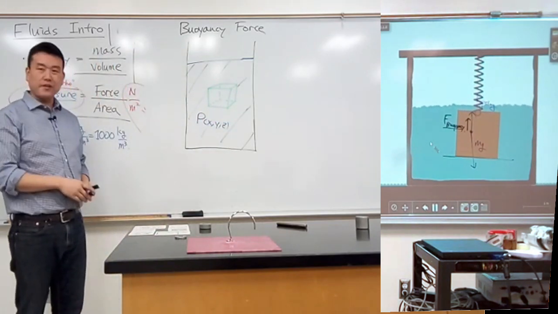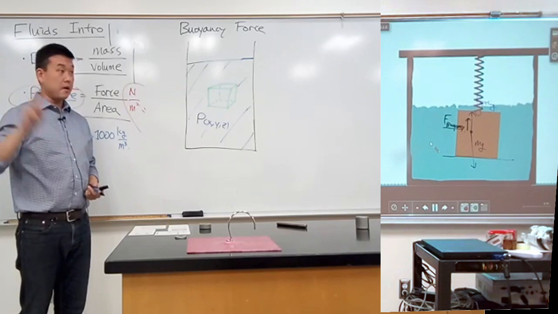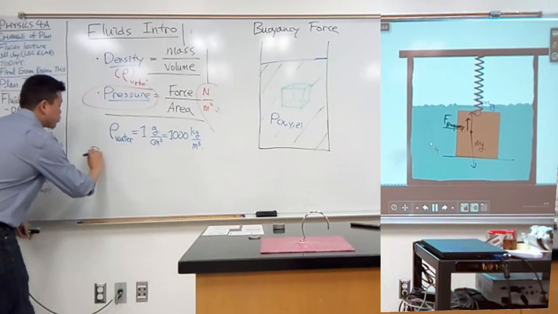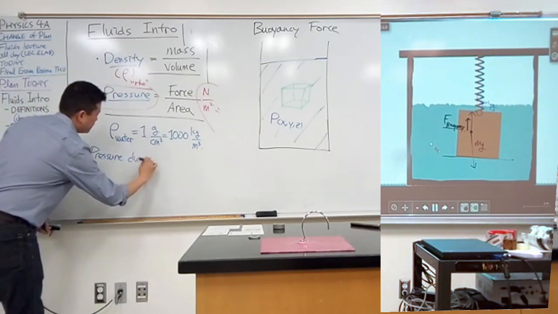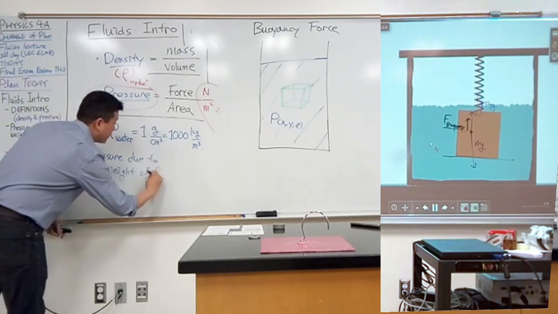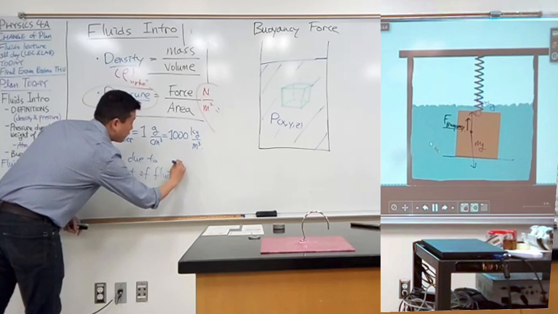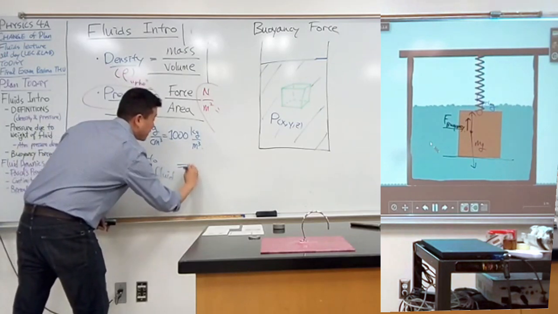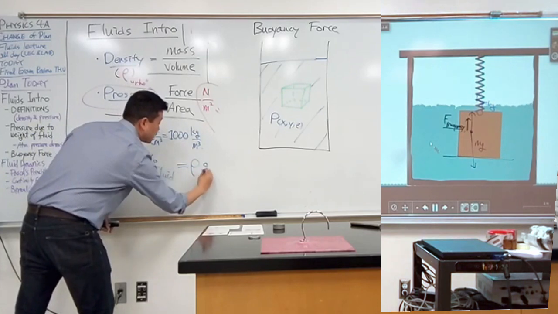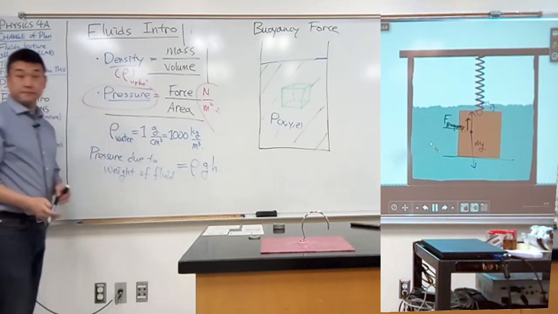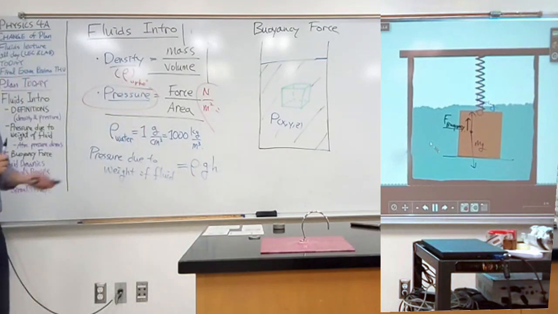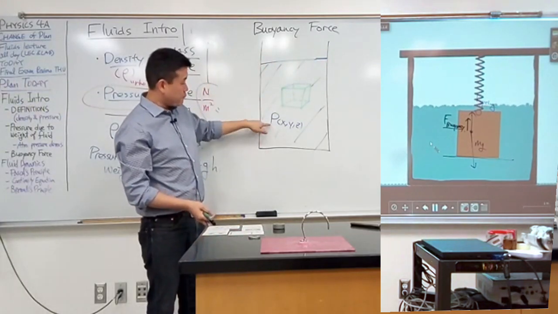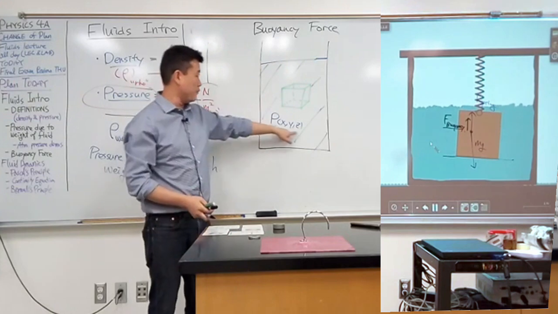But I don't actually need the 3 coordinates because, let me write it down here. Pressure due to weight of fluid, as we derived it before, is equal to density of fluid times g times height, right? So we know that if this is a perfectly still fluid, the only thing that pressure is going to depend on is one of these 3 variables.